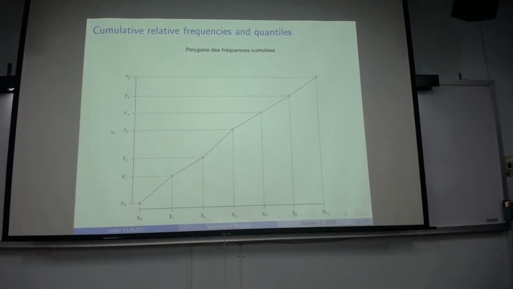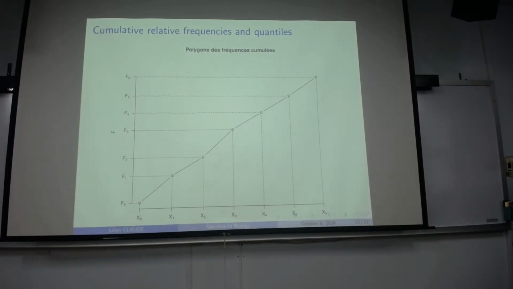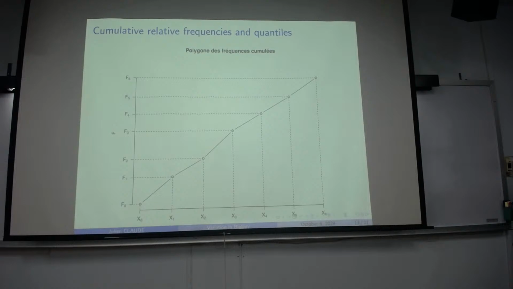When we have classes, the cumulative relative frequencies can be interpolated. Meaning that here I don't have a step like a stair. I can interpolate from the beginning of the distribution to the end of the distribution.